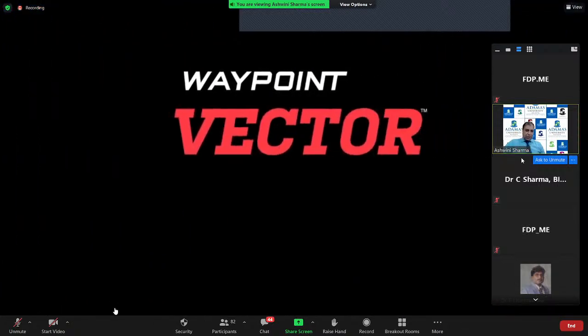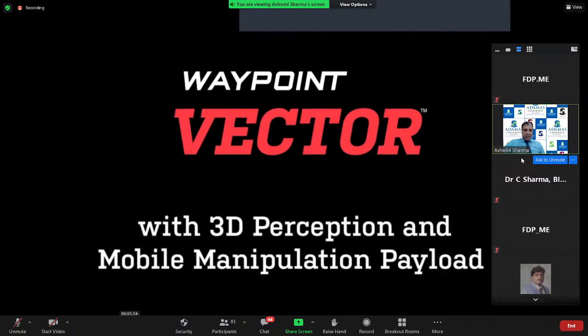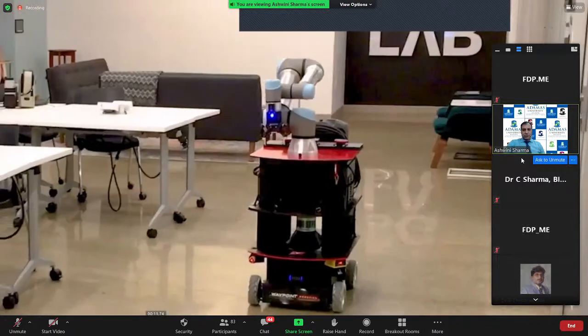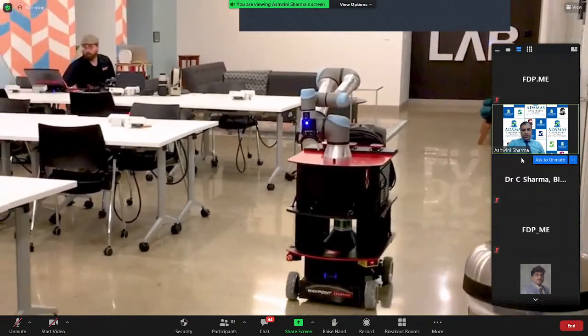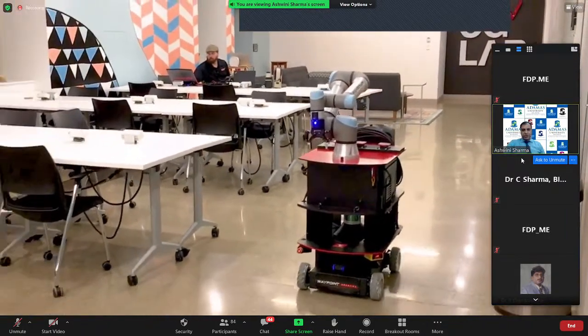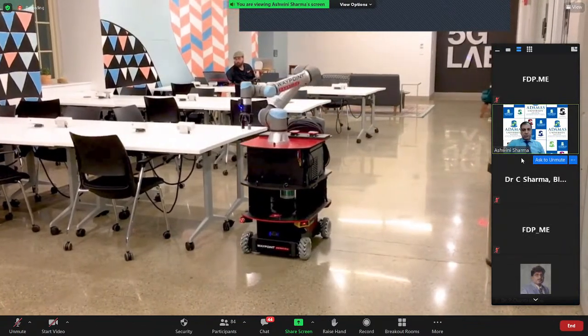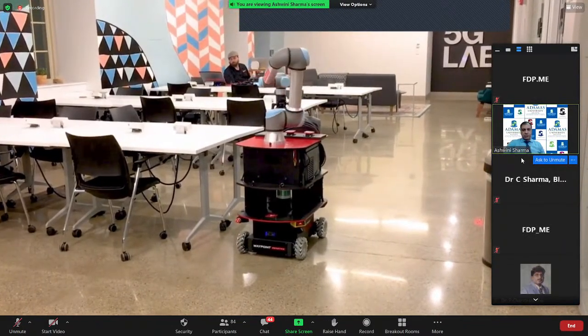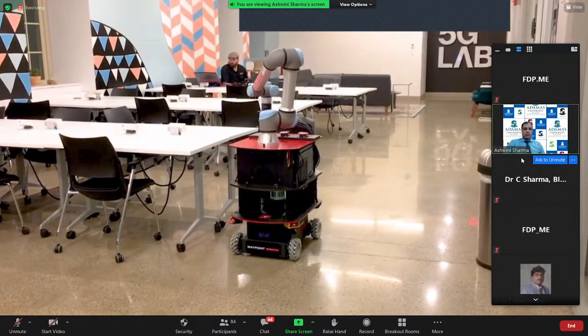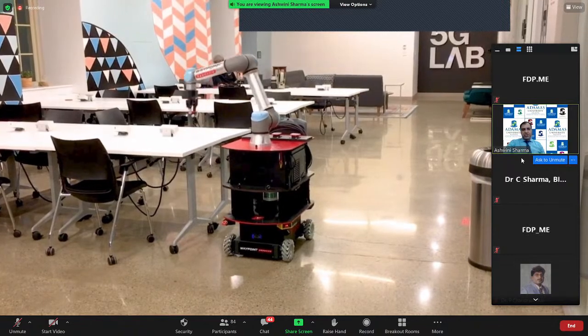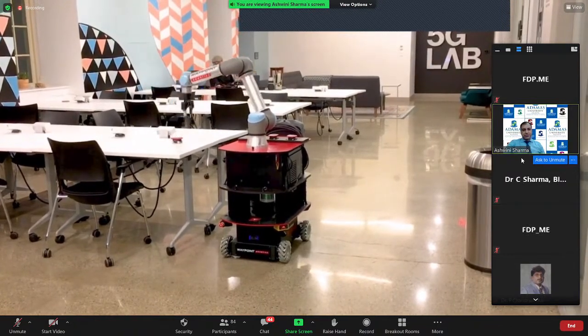So this is the robot which is for mobile manipulating. This testing is going on here, how it performs. The operation is pick and place.